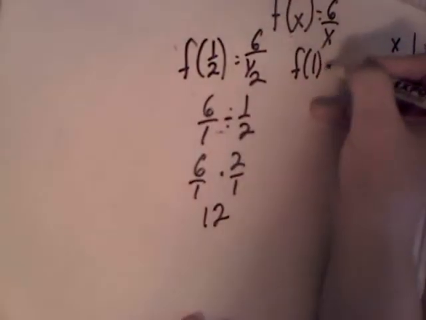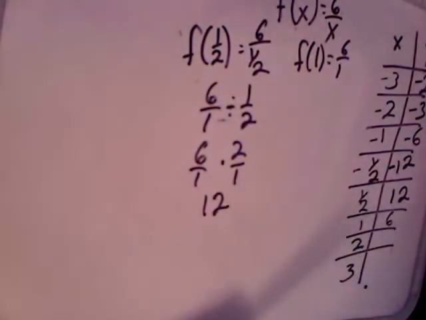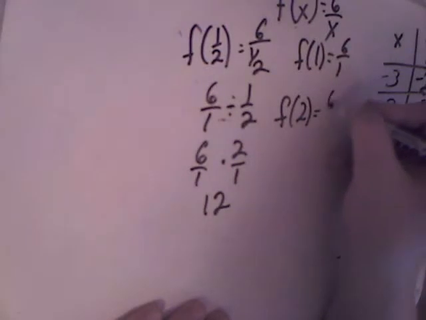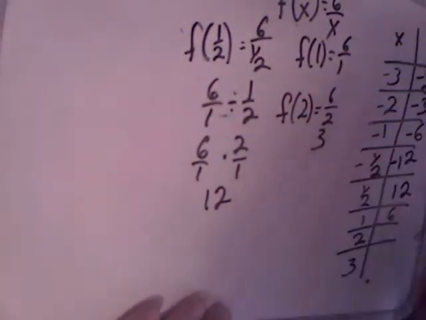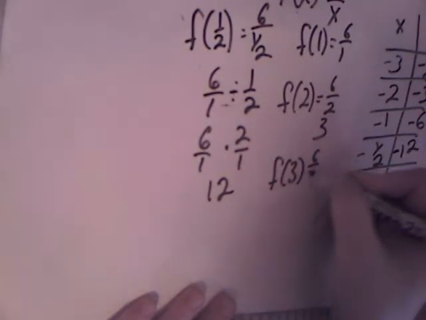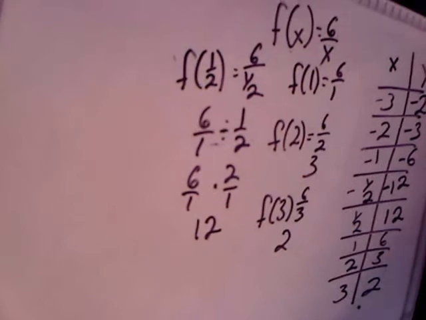When x is 1, we have 6 over 1, which is just going to be 6. When x is 2, we have 6 over 2, which is going to be 3. And when x is 3, we have 6 over 3, which is going to be 2.